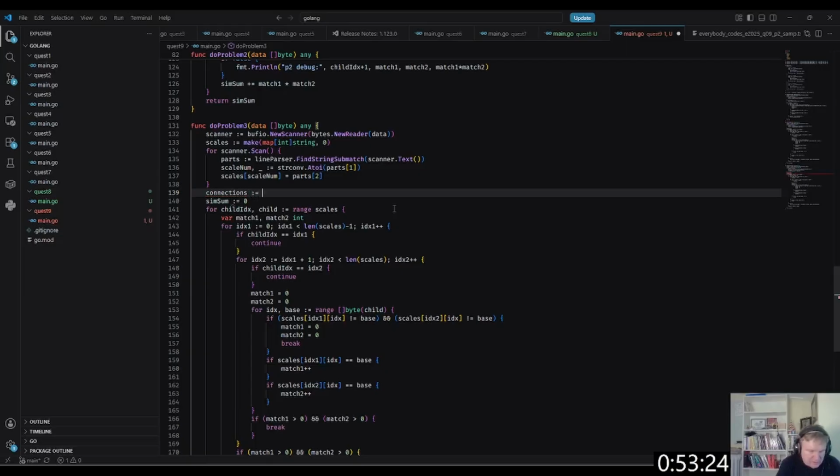Connections make 0, okay, every connection will have three values in it. And then, so first I go through and I make the connections.